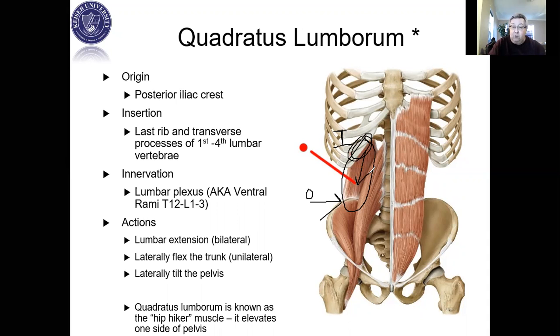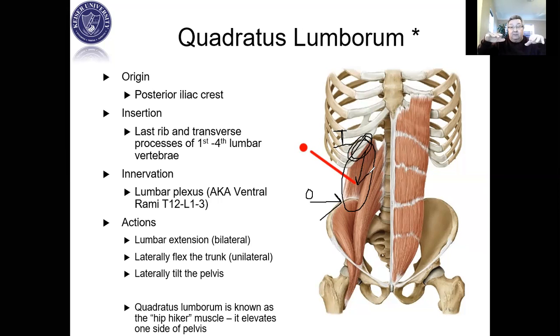But the most important action that this muscle does, it is known as the body's hip hiker, because it elevates the pelvis on one side. You're going to learn in kinesiology that the pelvis is very important in ambulation.